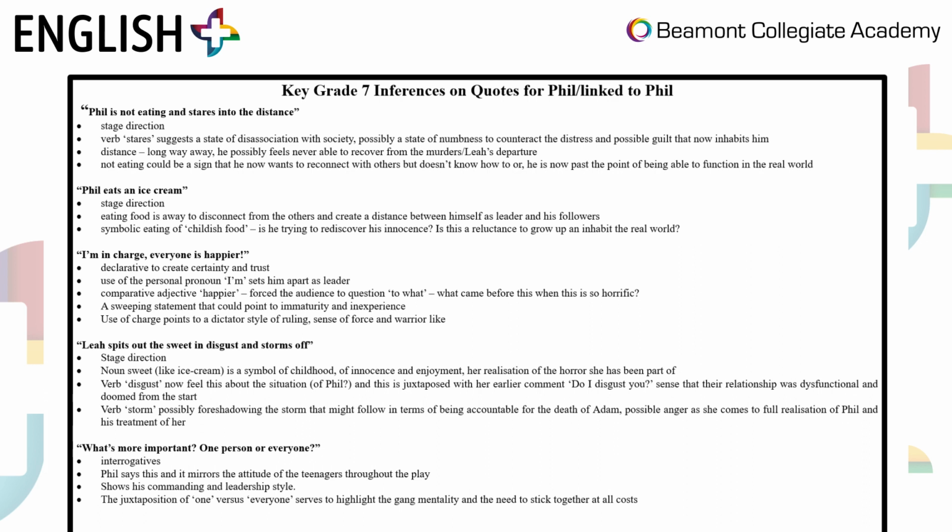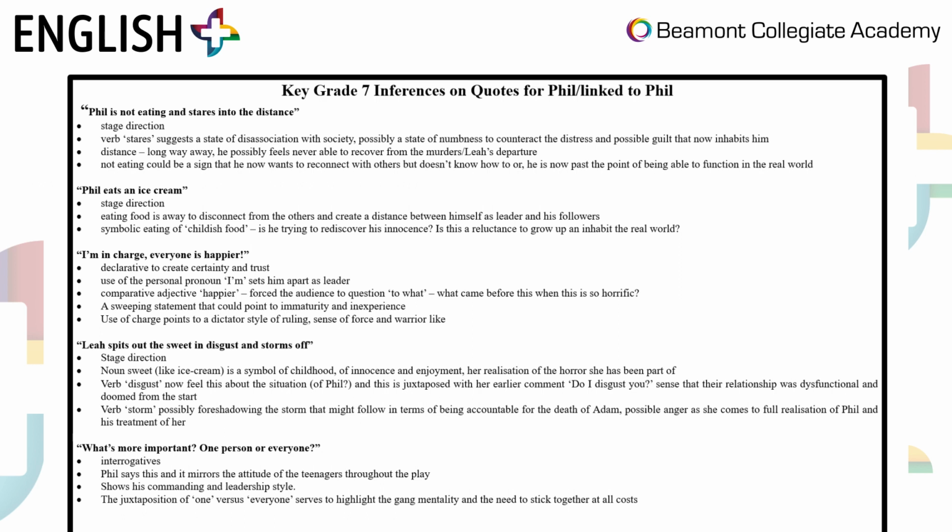I know that it'd be very, very unusual for a question to come up where you couldn't write about the character of Phil. Hence why these 5 are either said by Phil, in the stage directions about Phil, or impact Phil.